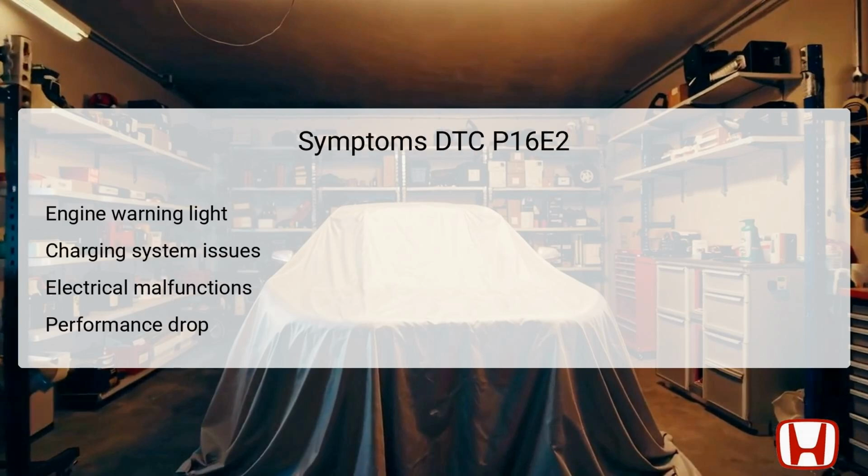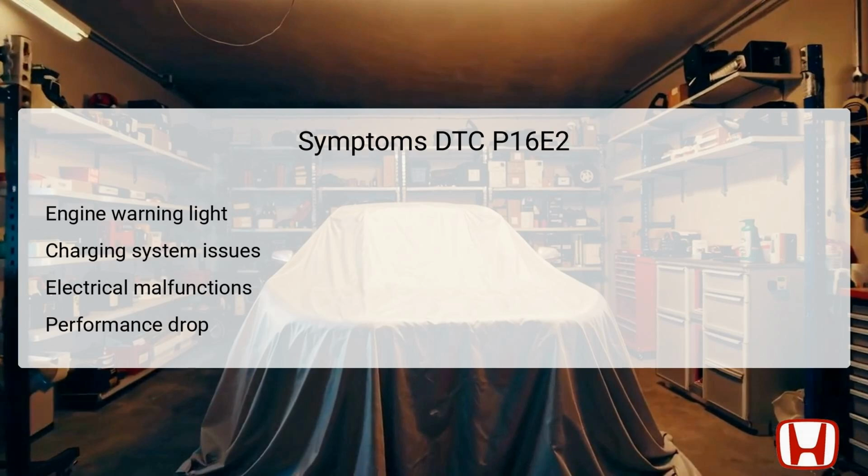Symptoms associated with DTC P16E2 may vary, but typically include the illumination of the engine warning light on the dashboard, which serves as a primary indicator to the driver of underlying issues. Drivers may also experience charging system problems, such as insufficient battery voltage or failure to start the vehicle.